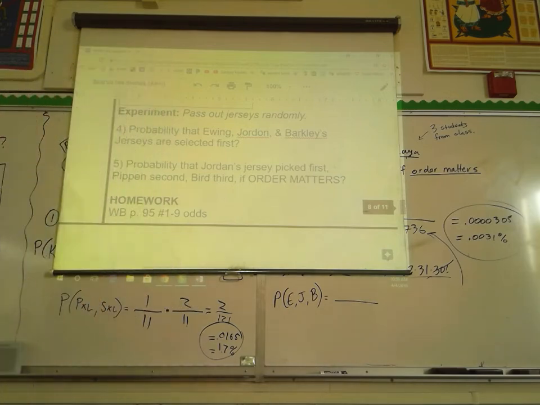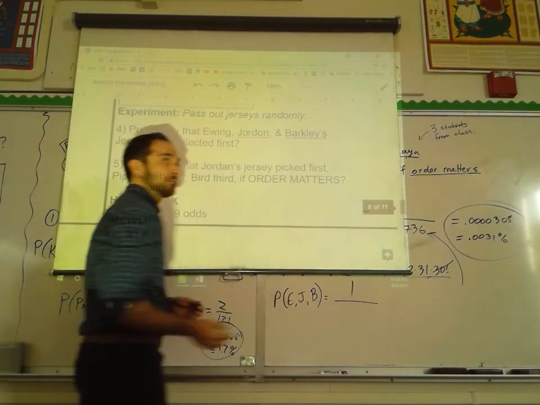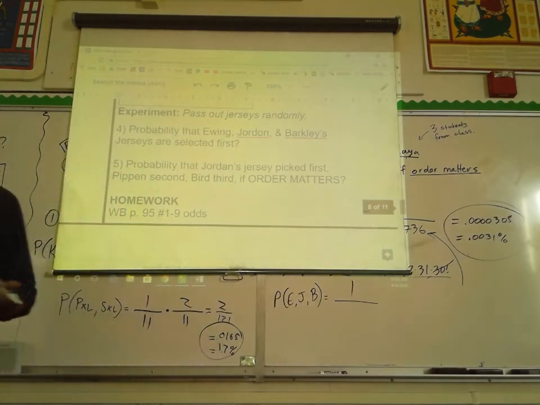The desired outcome is that I pick Ewing, Jordan, and Barkley. I don't care about who's first, second, or third. I just want that event to happen. This is always more simple than we think. For those selected to happen, there's one way that can happen. I pick those up. It doesn't matter about order.